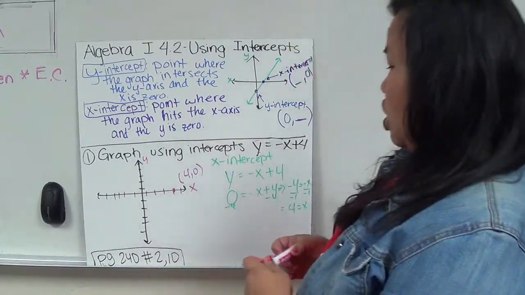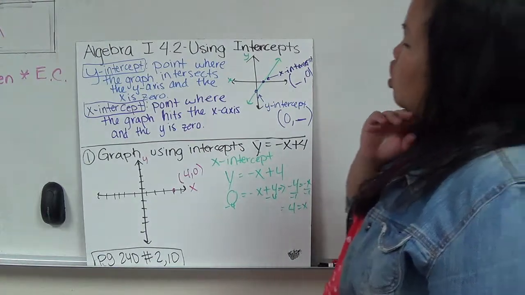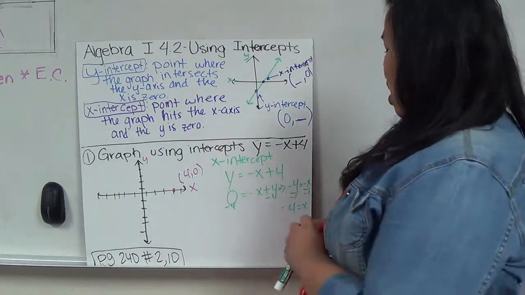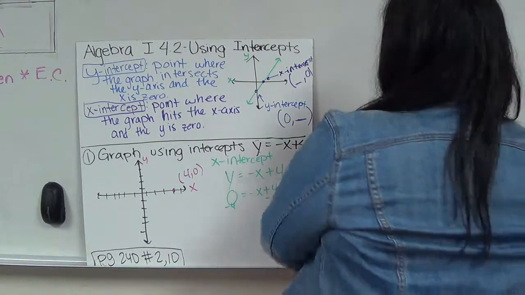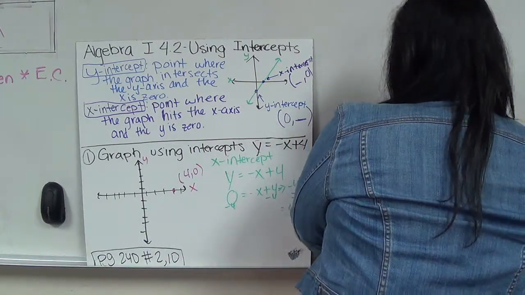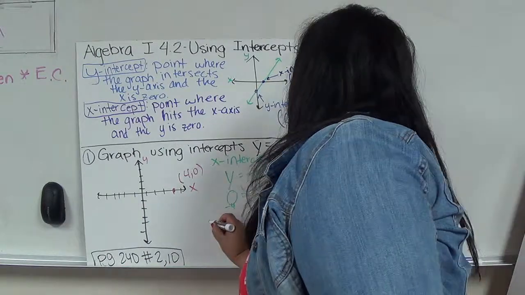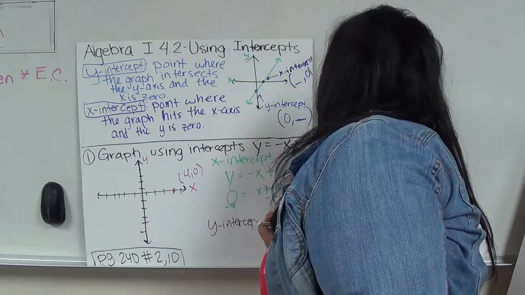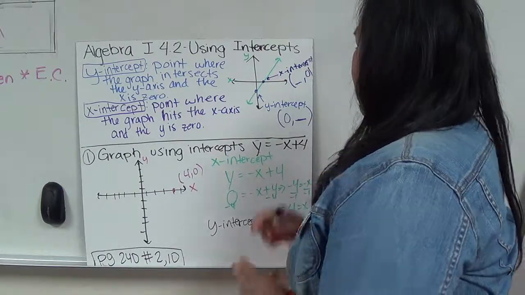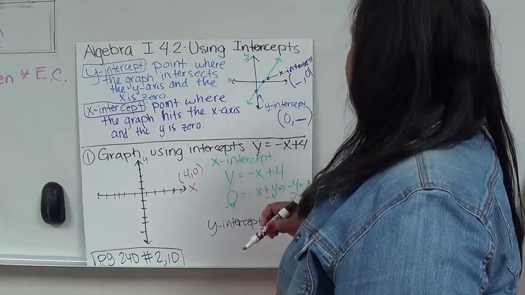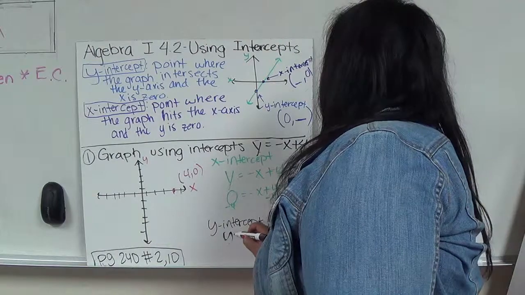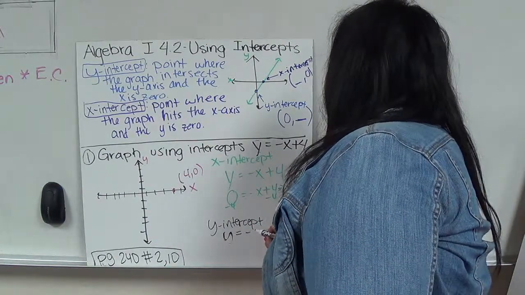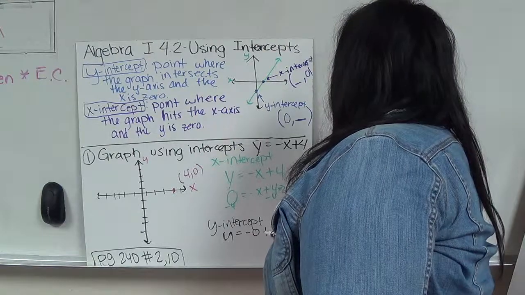Please remember that each intercept has its own point. It's just that in the intercept, the other one is 0. So that's what the x-intercept is. For the y-intercept, I do a similar thing, except instead of putting 0 for y, I'm going to put 0 in for x.